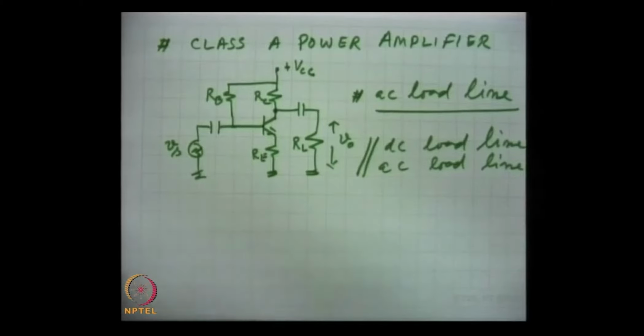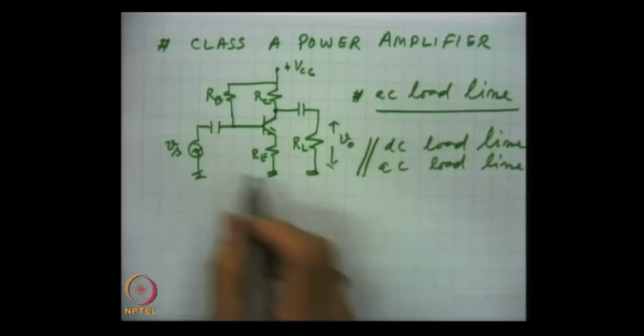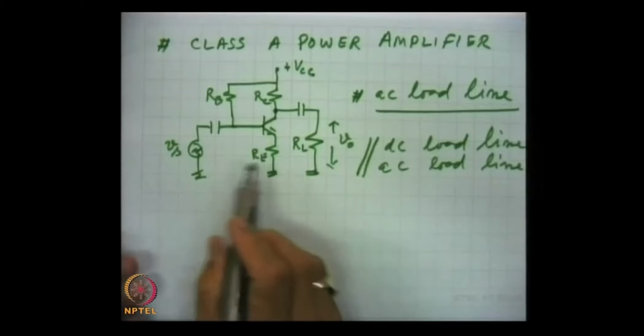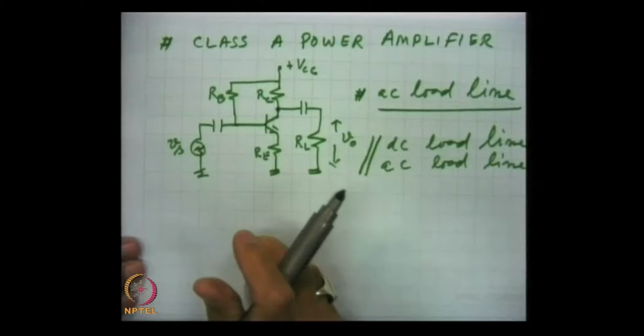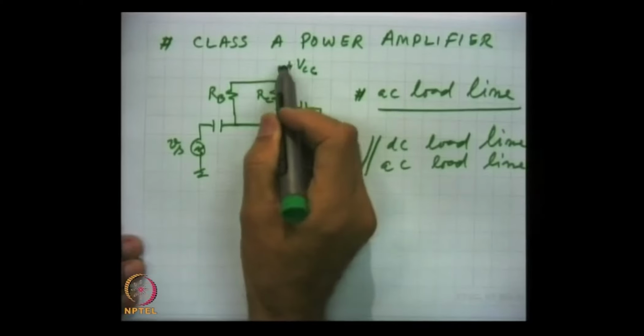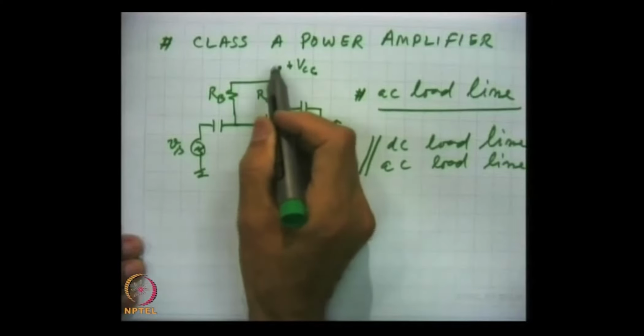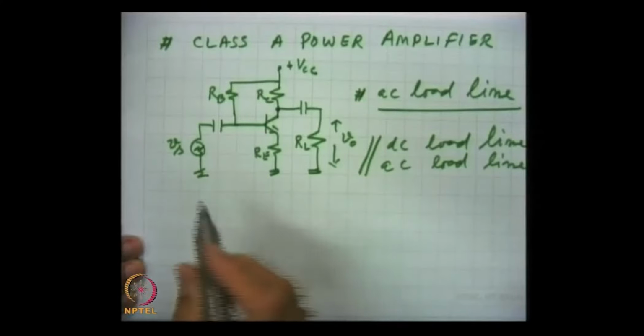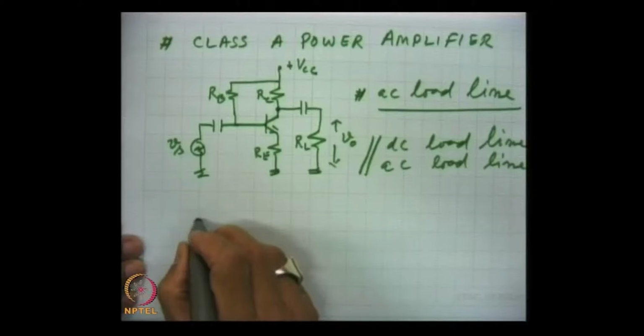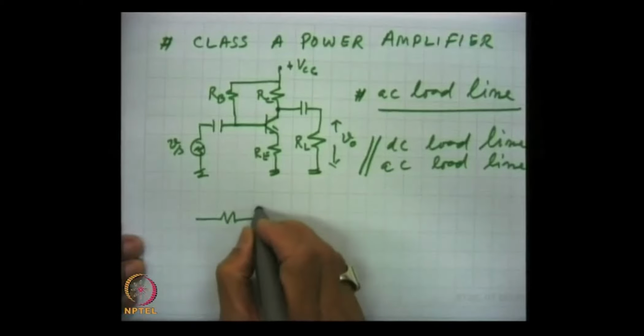So we require the AC load line, which is very useful as we will see in the analysis. For that, we draw the AC equivalent of this circuit, using the thumb rules: the DC voltage sources have to be grounded, capacitors have to be taken as short. So, this is the circuit.